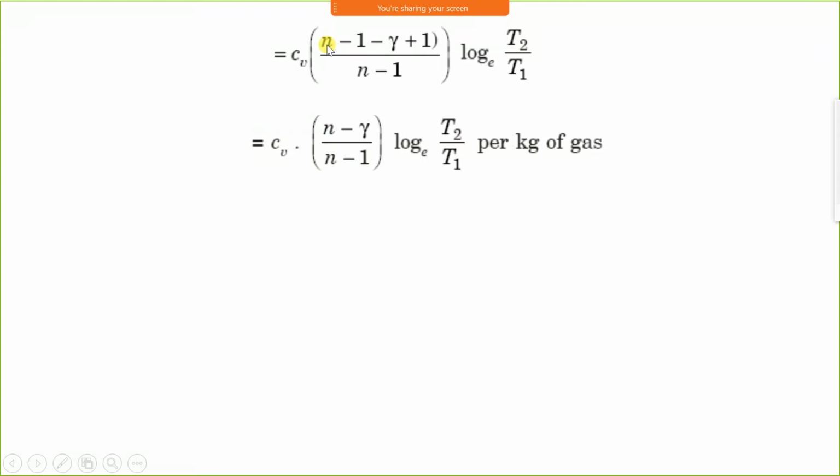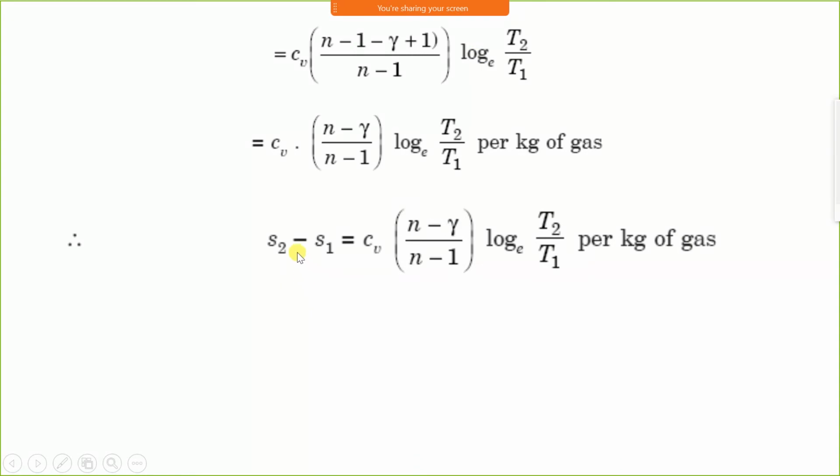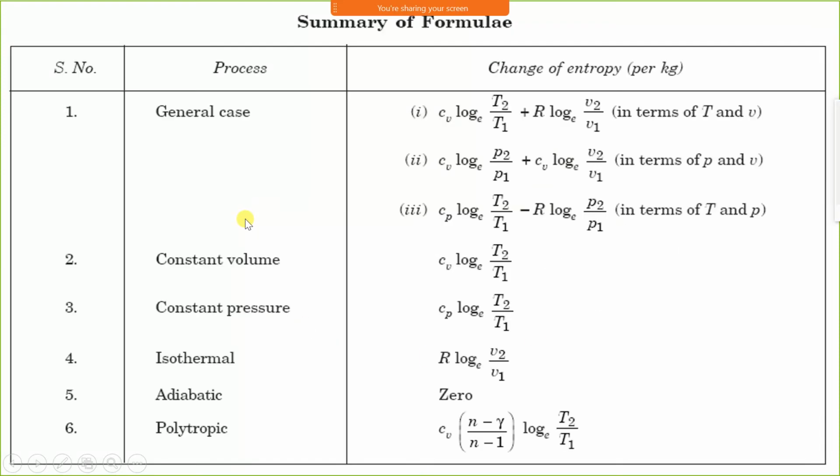Here n minus gamma will be remaining, and minus 1 plus 1 will be cancelled and the remaining term will be as it is. Therefore, S2 minus S1 equals Cv, n minus gamma upon n minus 1, log base e T2 by T1. This is the final expression of change in entropy for polytropic process.